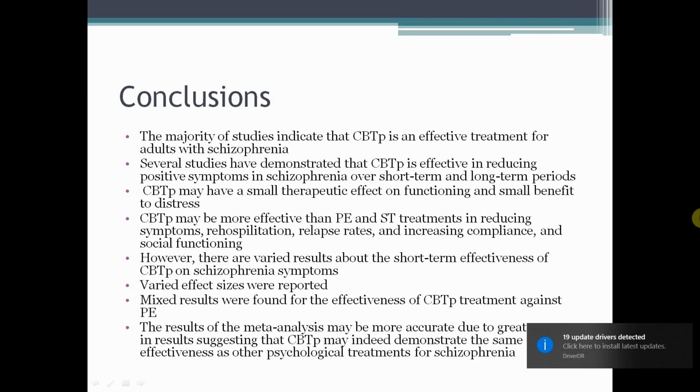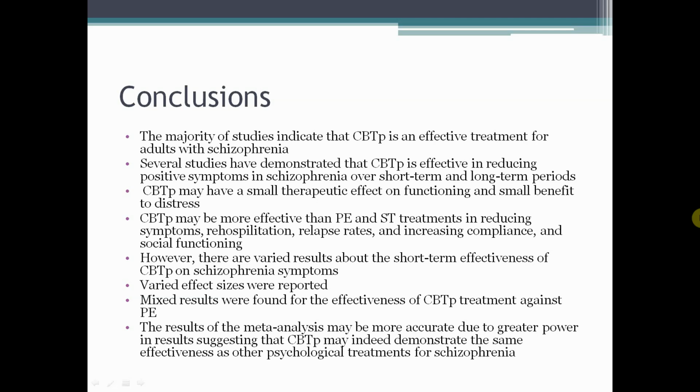Mixed results were found for the effectiveness of CBTP treatment against PE, with a meta-analysis implying that CBTP is no more effective than PE and other psychological treatments, whilst a randomized control study suggested that CBTP is superior to PE. The results of the meta-analysis may be more accurate due to greater power in results, suggesting that CBTP may indeed demonstrate the same effectiveness as other psychological treatments for schizophrenia.